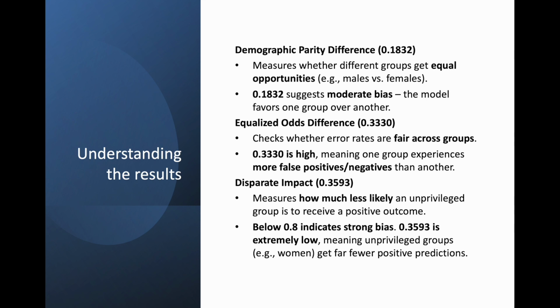So this model makes fewer positive predictions for, say, women. This is how it can be biased. Once you train again and again, change your data set, or add new data and train again, this number should be reduced, and this number should be increased. That means you are correcting or fixing the model.